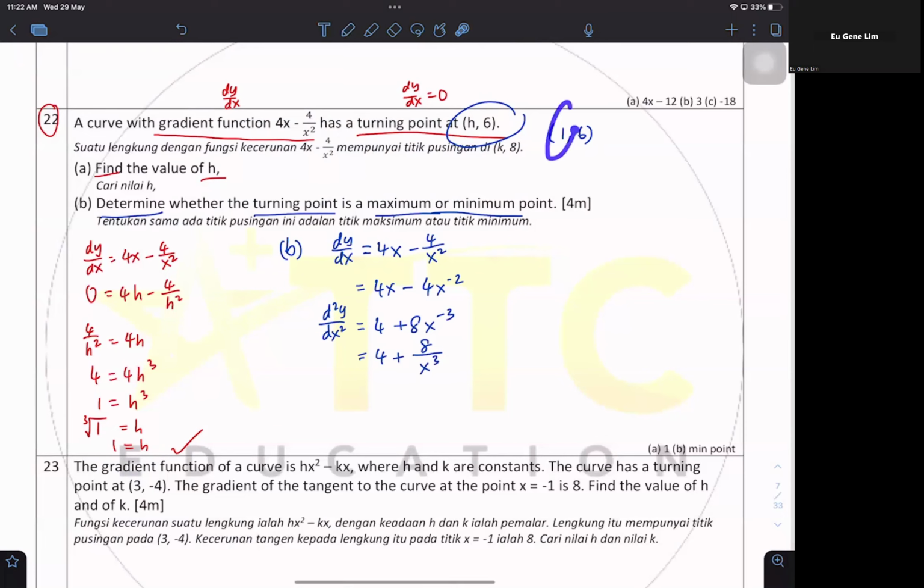You take the x from that point and sub it into d squared y over dx squared and see what the answer is. If it is positive, then smiley face, minimum. If it is negative, then sad face, maximum.